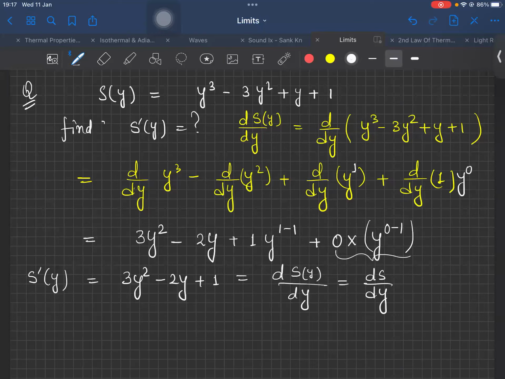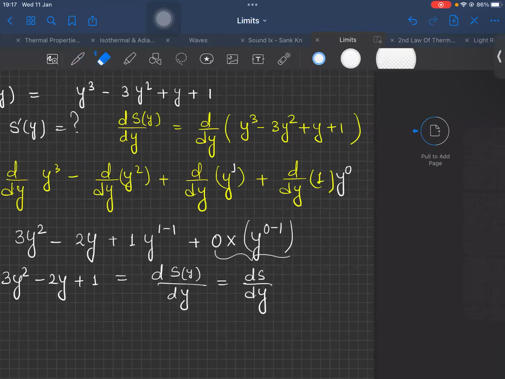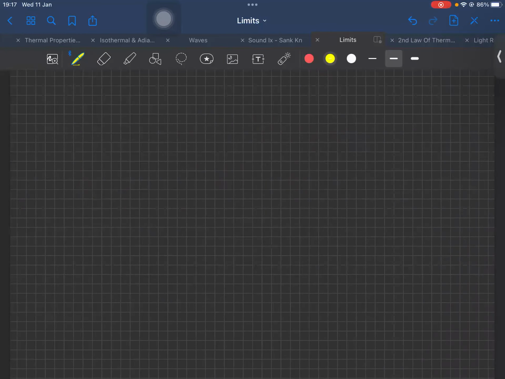See, in mathematics, usually we only use the notation dy upon dx. But that is not just the derivative, this is the change in y with respect to change in x at a particular instant. Similarly, in physics you might have had problems in motion or in force. Let's say acceleration.